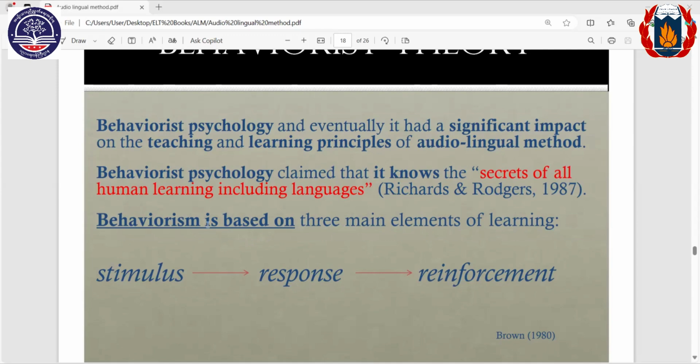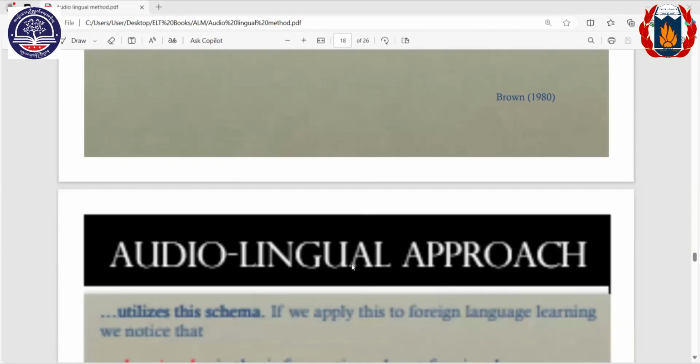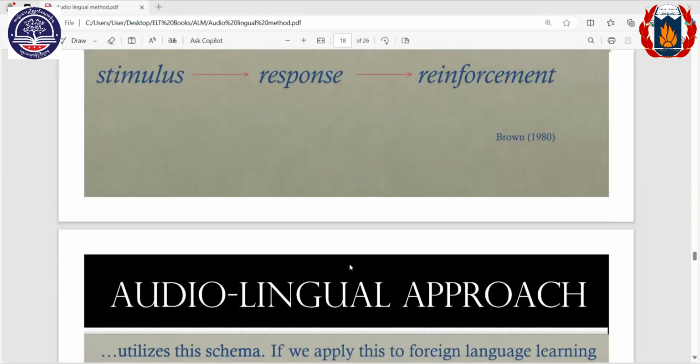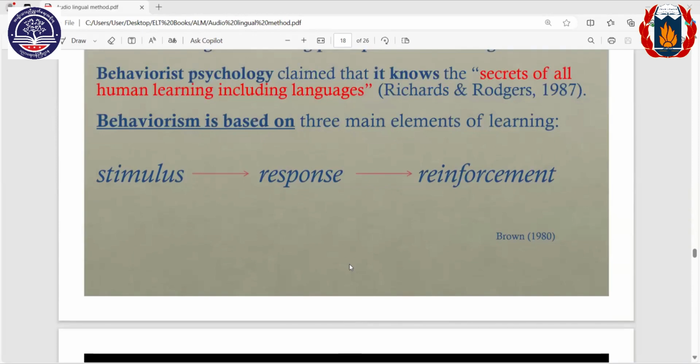Behaviorism is based on three elements: the stimulus, response, and reinforcement. The teacher gives the stimulus to the student. Based on the stimulus, the student will respond.